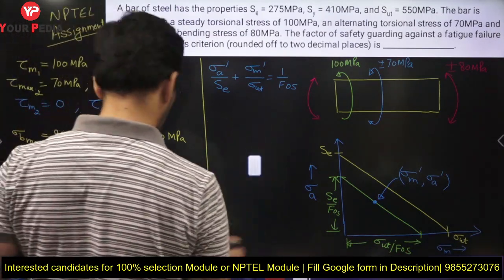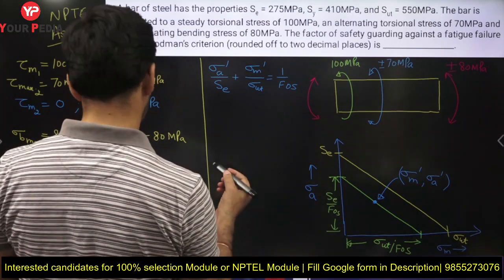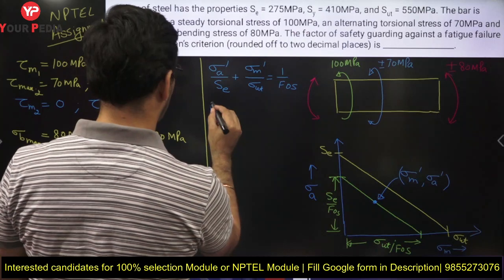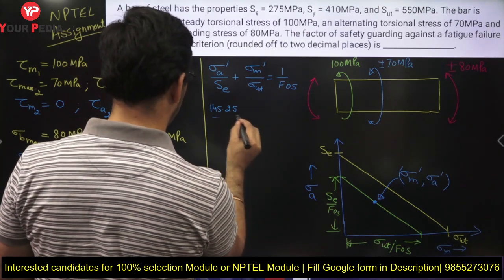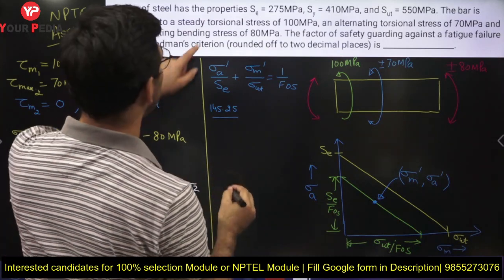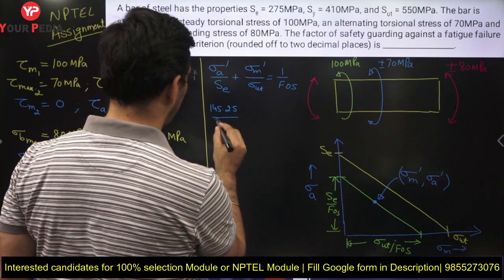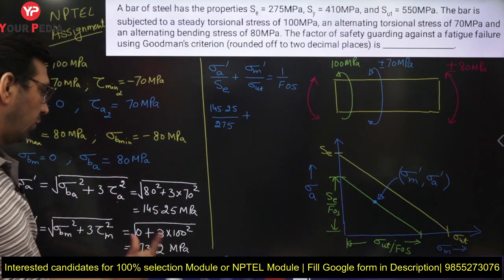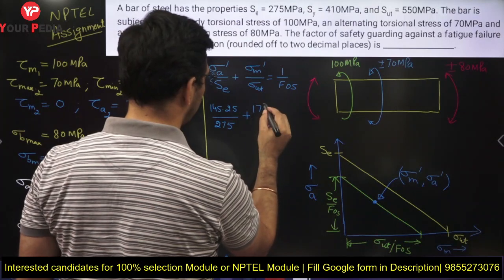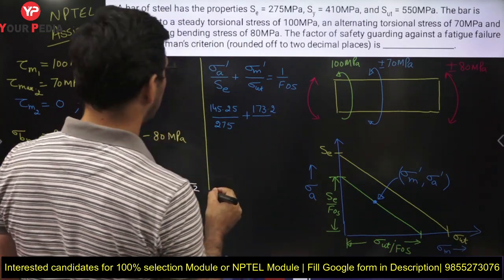Sigma A dash I have over here as 145.25 divided by SE, where SE is the corrected endurance limit, which he has already given me, 275 megapascal, plus sigma mean dash, which I have already been able to find out, 173.2 divided by what?